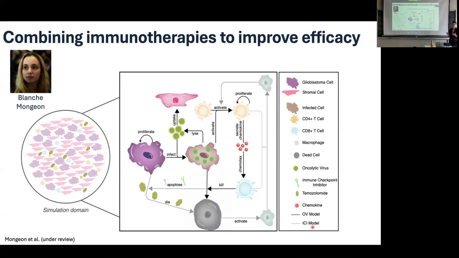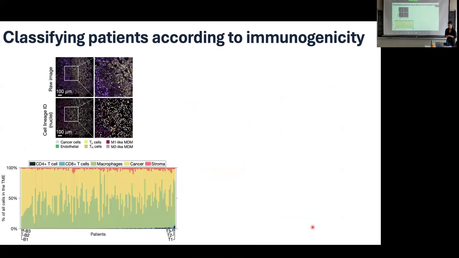Some of her questions were, is there a way to combine these therapies so that you would have increased T cell activation and immune checkpoint, which would benefit the immune checkpoint inhibitors and also the oncolytic virus effect? The first thing she did, as I showed you previously, was classify each of the patients in our cohort according to what we call immunogenicity.